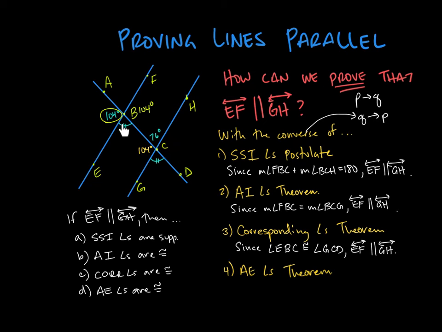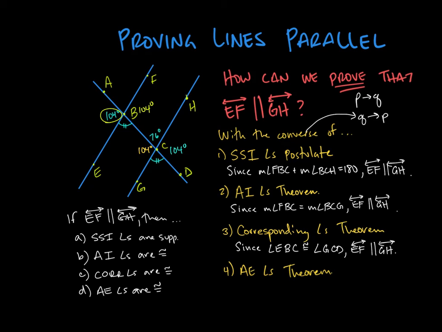Do I know that that's 104 like that one? Well, yeah, I do, because I've already determined that this one's 104. And this guy right here must also be 104 because they're vertical angles. So I could come in here and say, okay, that guy there has to be 104 degrees.